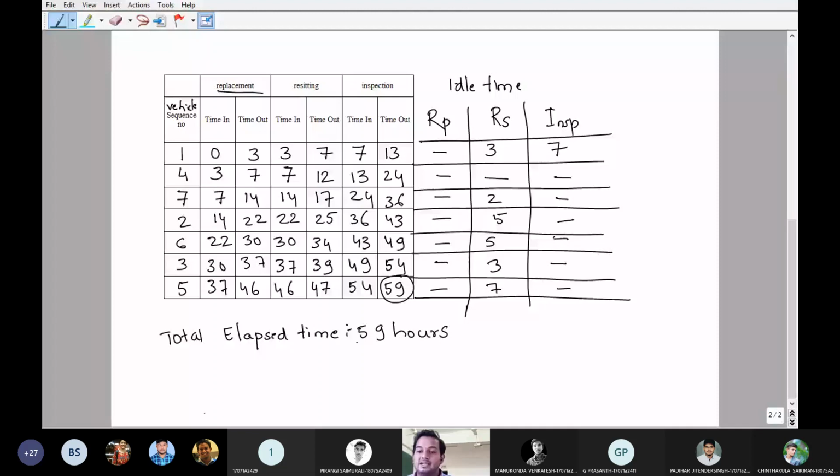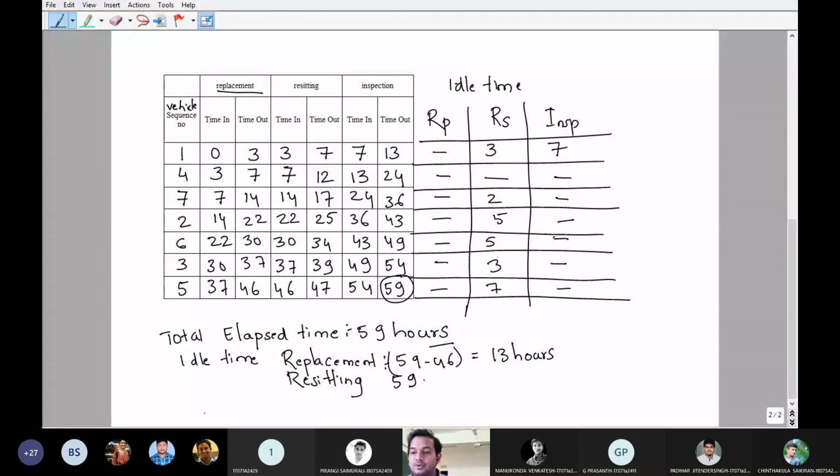Now, what is the idle time for the replacement? 59 minus 46. How much? 13 hours. Okay, what is the idle time for the resettings? 59 minus 47.